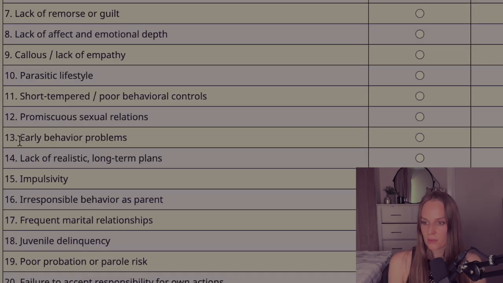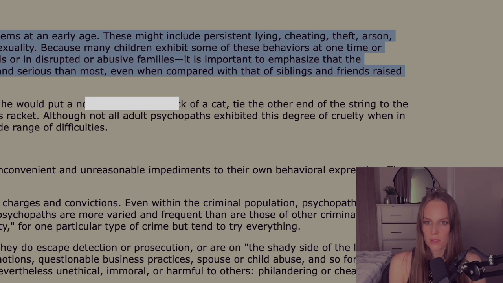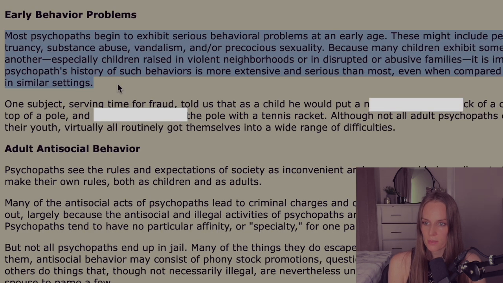Number 13, early behavior problems. Reads, most psychopaths begin to exhibit serious behavioral problems at an early age. These might include persistent lying, cheating, theft, arson, truancy, substance abuse, vandalism, and/or precocious sexuality.